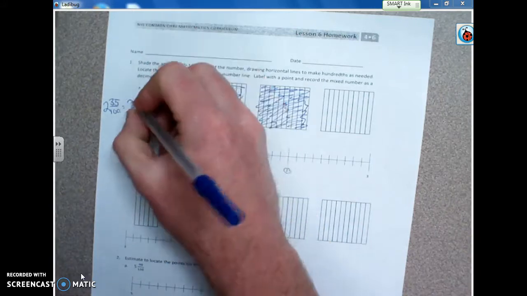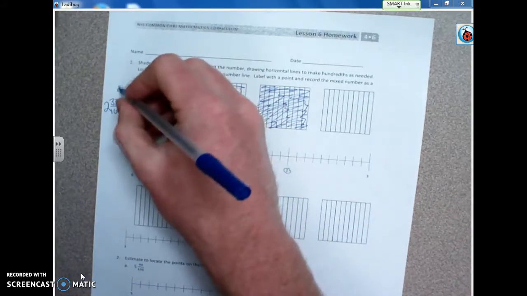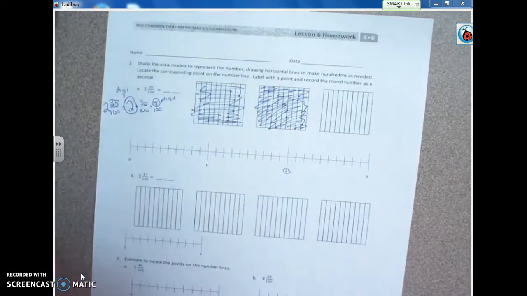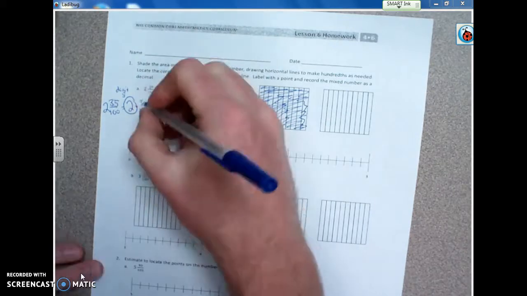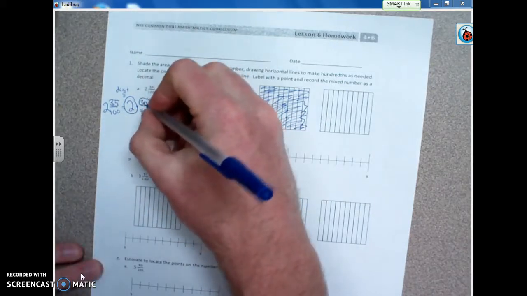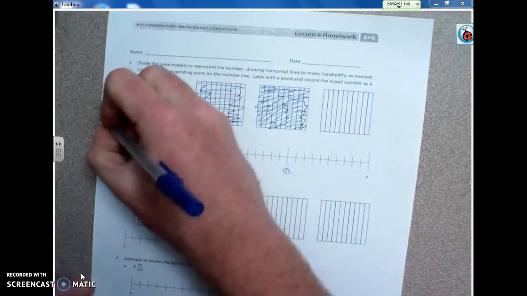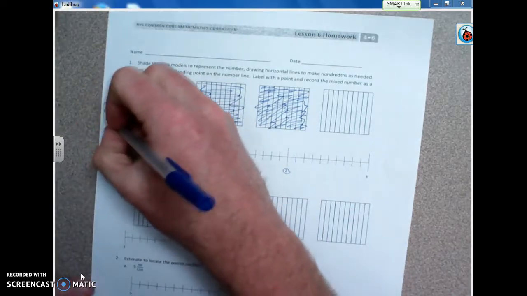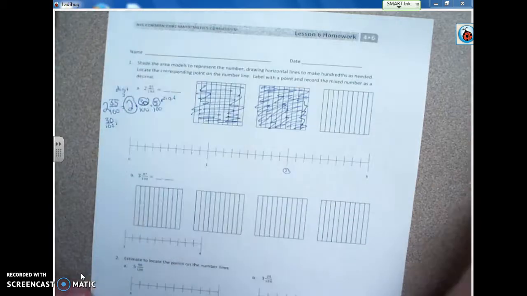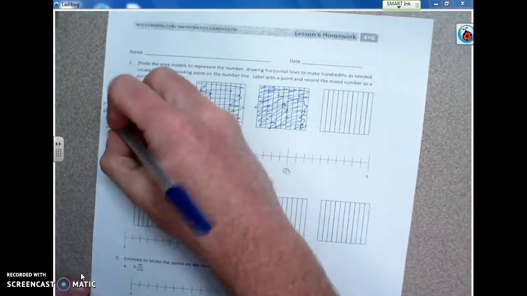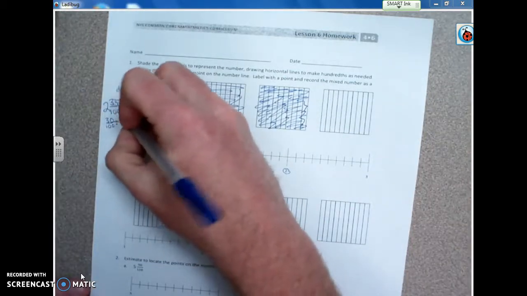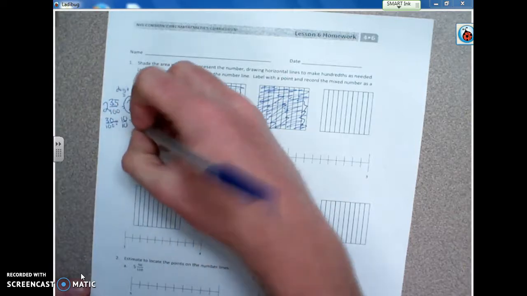My 2, that is already a digit as well. My wholes, my ones is a digit. My hundredths is a digit. My problem is this 30. My 30 is not a digit, so I need to change my 30 hundredths into tenths by dividing by 10 tenths. That's going to give me my 3 tenths.